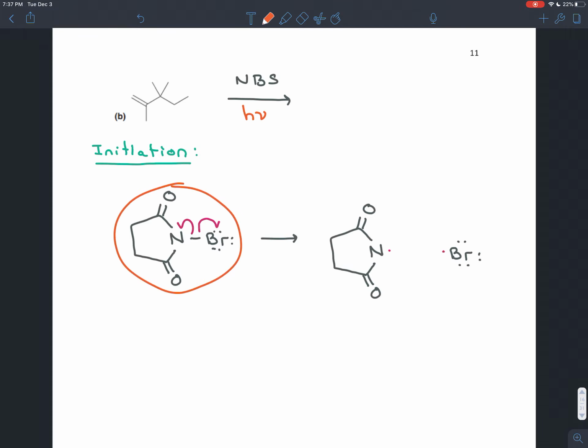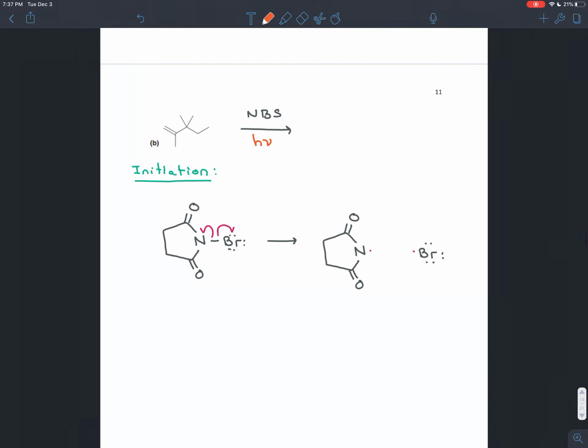So you'll redraw N-bromosuccinimide. You'll show one electron in the bond going onto the bromine, the other going onto the nitrogen. And the reason why that's happening is because light is shining on that, making this bond vibrate faster, faster, faster until it snaps. Okay, so that's the initiation step.